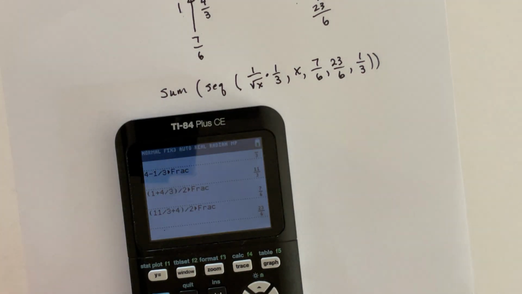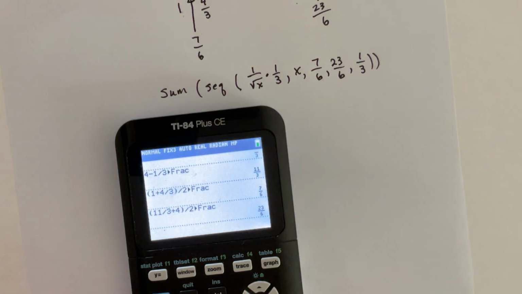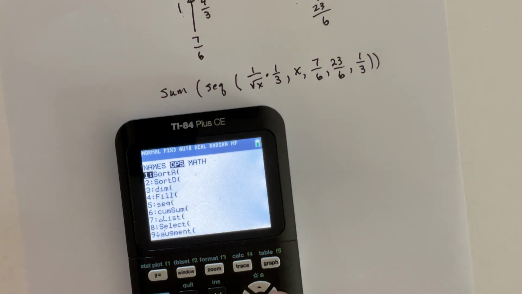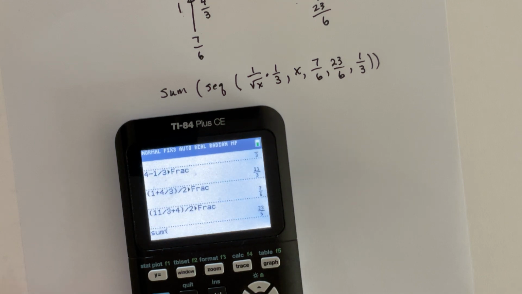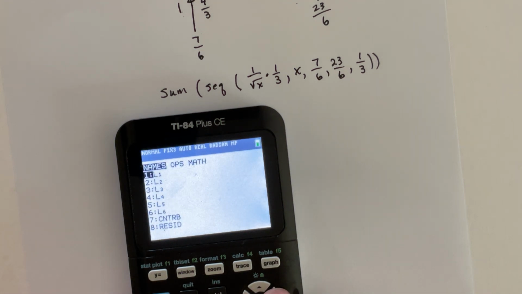So this is a list operation, so you do need to go to second list and then move over to math, and here's the sum. And then go back to second list, go over to operations, and then here's the sequence.